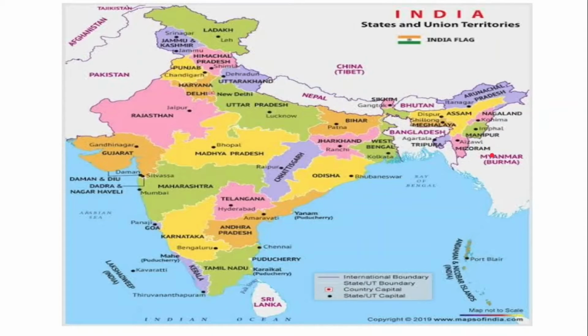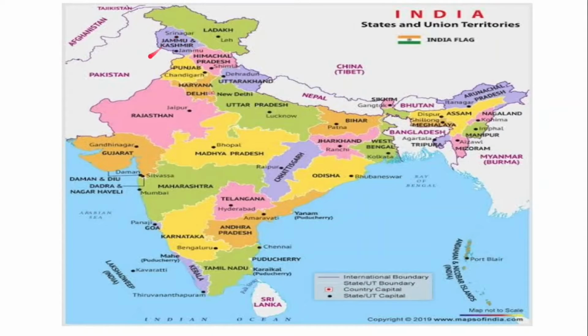Next, Myanmar: bordering states are Arunachal Pradesh, Manipur, Mizoram and Nagaland. Nepal: bordering states are Sikkim, West Bengal, Bihar, Uttar Pradesh and Uttarakhand.